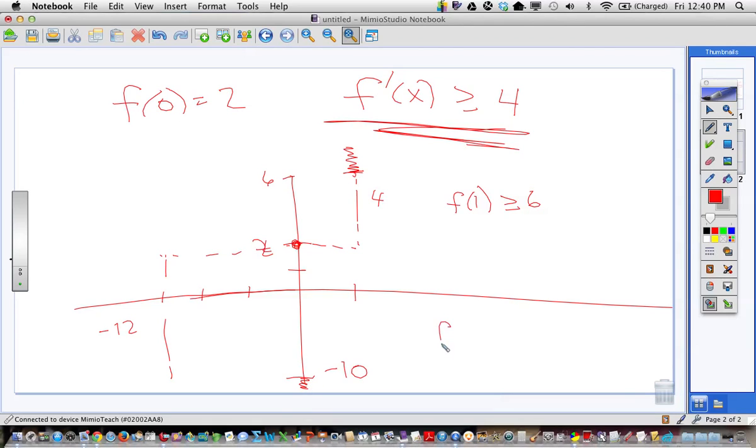So f of negative 3 would have to be less than or equal to negative 10. Make sense? Because we could have gone back 3 and down 15, if the slope had been 5. So we might have gone farther back. Because if we're going to have a slope of 4, this would be our line. That's why we have to go down.